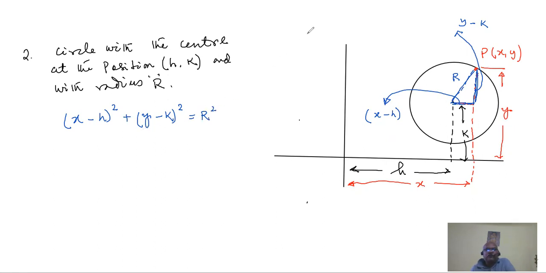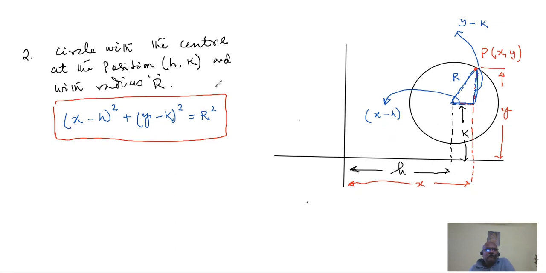Bas, our job is over and the equation of the circle is already there. That is Pythagoras theorem, and that also gives us directly the equation of the circle whose center is not at the origin, but center coordinates are given and radius is given. That is the equation of the circle.